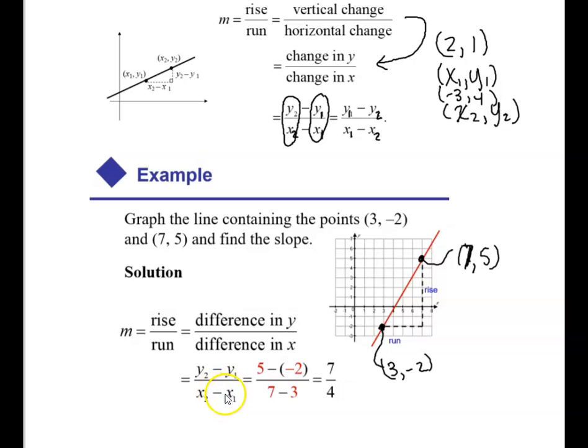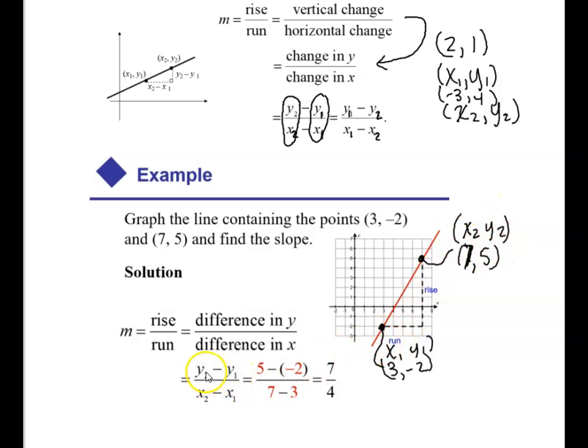I don't know why, because to me it makes more sense to go the other way. But if we label our points like they have it, this is going to be my x2, y2, and this would be my x1, y1. It makes no difference if you had them reversed, as long as you label them and keep it consistent.